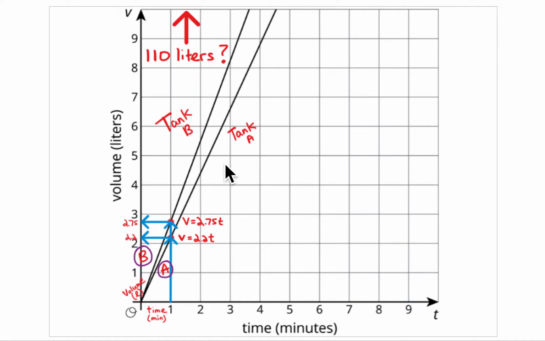If I go out the 1 unit, it's going to fill the same amount, a constant amount. Go out another equal unit, it's going to fill a constant amount. So constant rate means it fills at a constant amount of water for every unit of time.